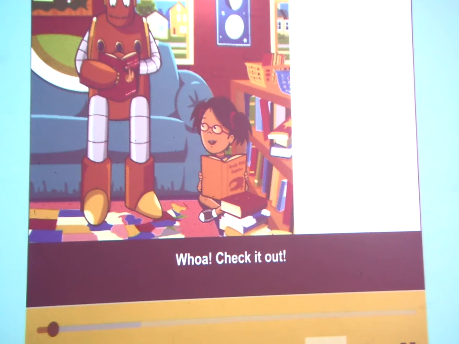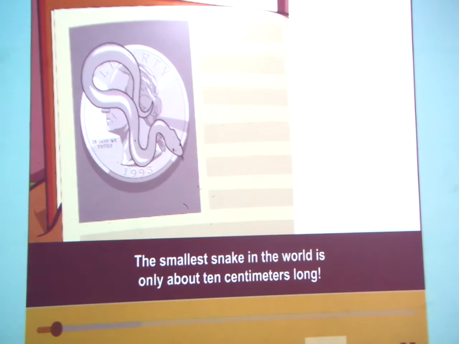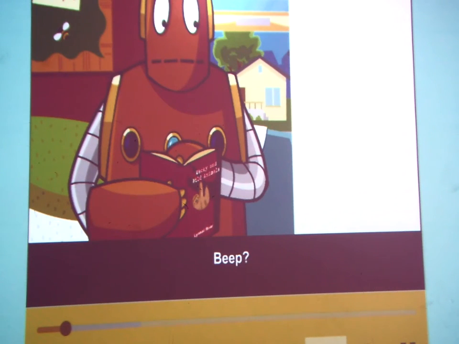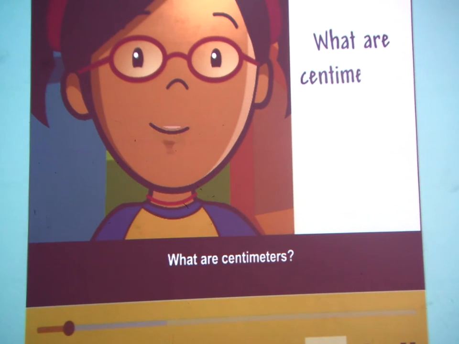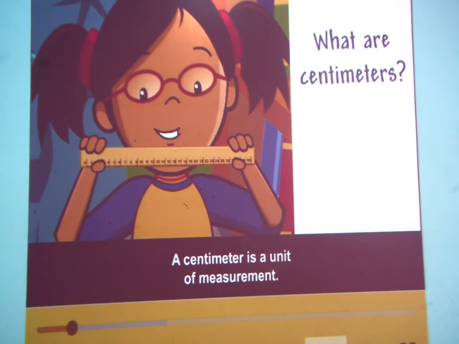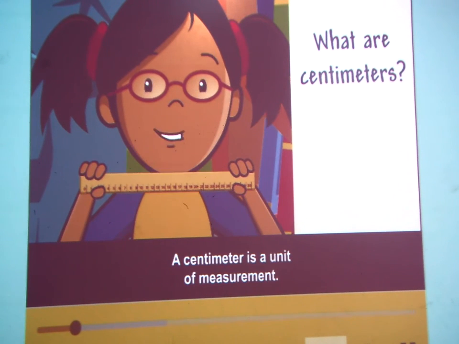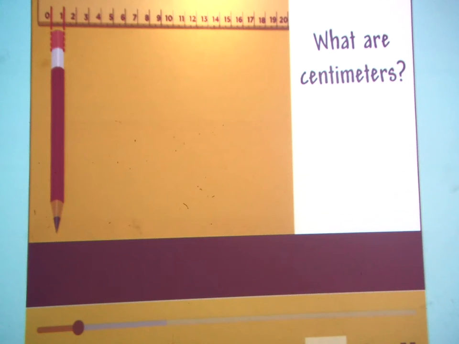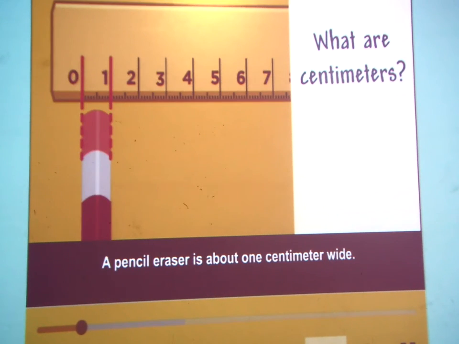Whoa, check it out. The smallest snake in the world is only about 10 centimeters long. What are centimeters? A centimeter is a unit of measurement. A pencil eraser is about 1 centimeter wide.